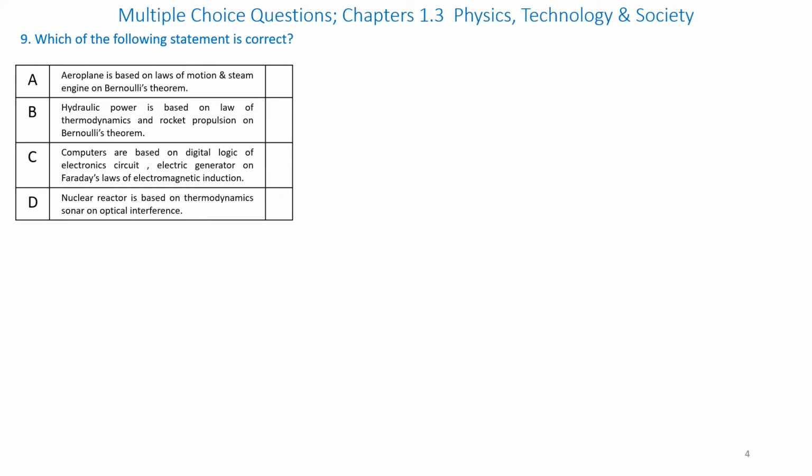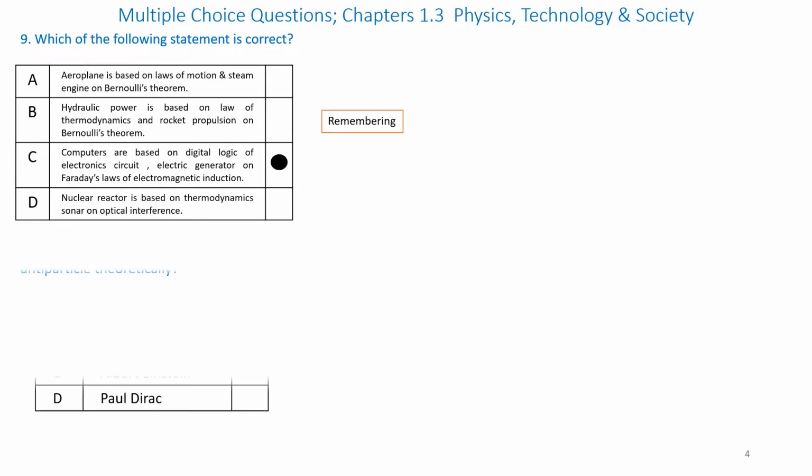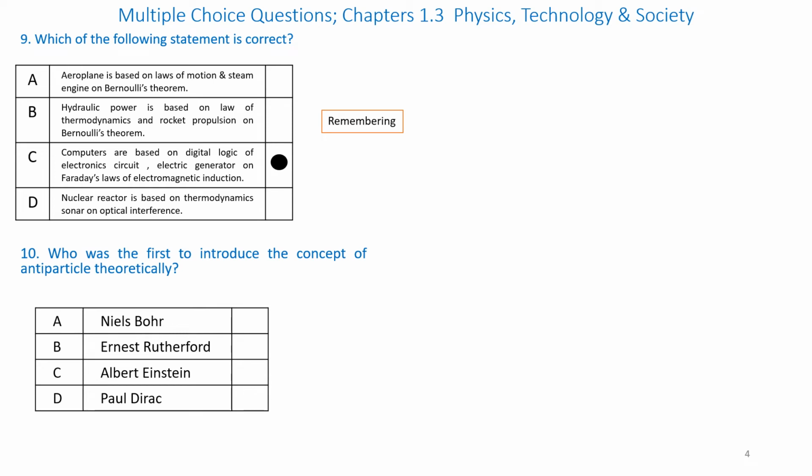And choice D: nuclear reactor is based on thermodynamics, sonar on optical interference. Choice A is wrong, choice B is wrong, and choice D is wrong. So the correct statement is part C. You remember that and mark it as C.